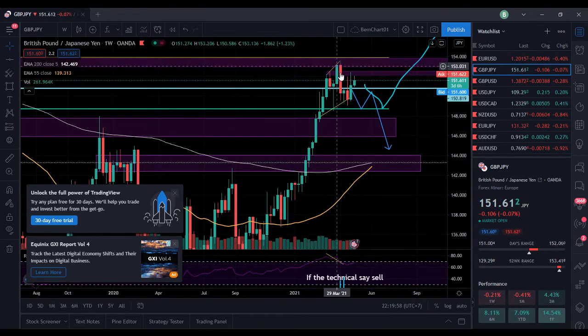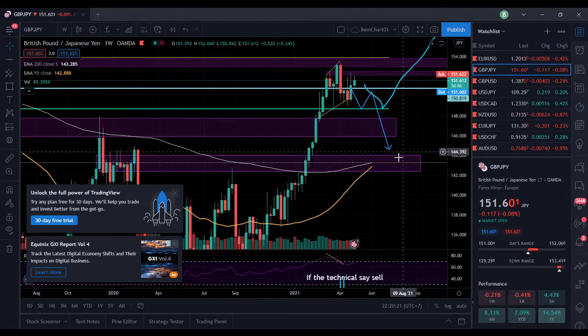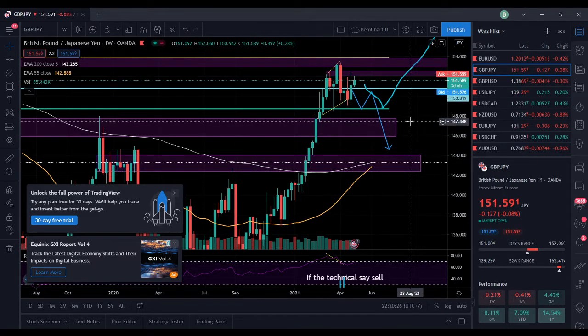It reached that, went down, and then went up again. I'm thinking it will either go up straight or go down to test this area here. So I'm still hopeful that it will test this area right here before it goes up, or it might test this area, go up and then go down. So these are two scenarios that I'm looking at for the British pound.